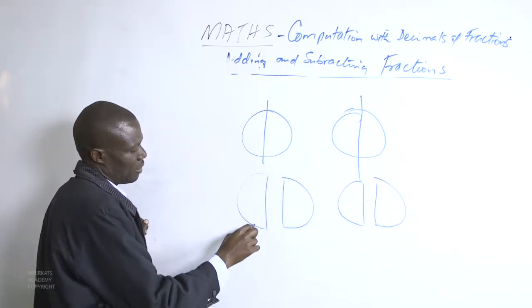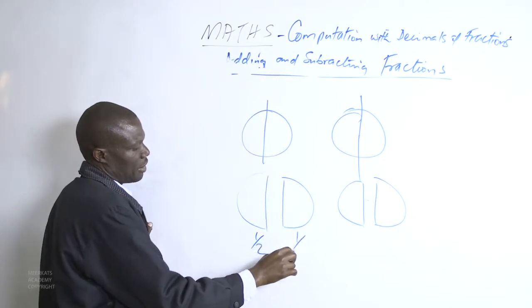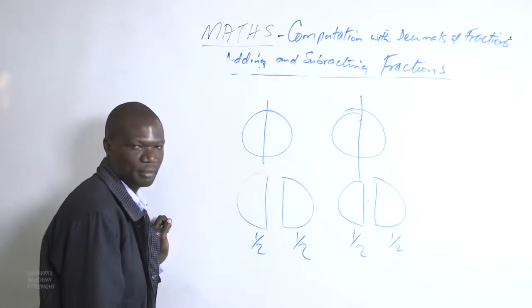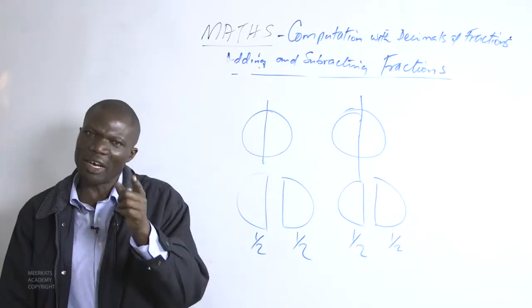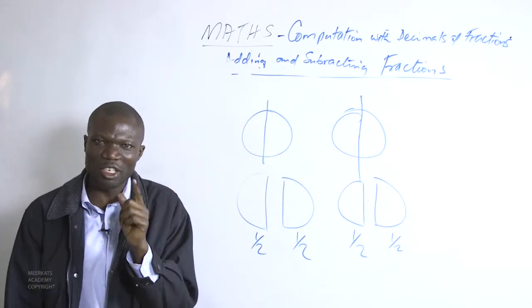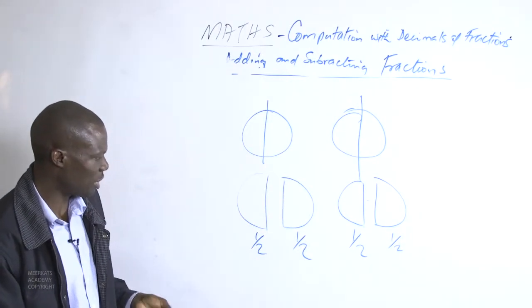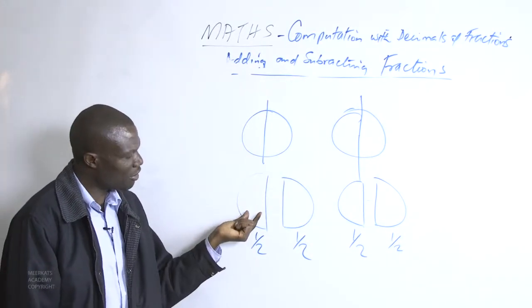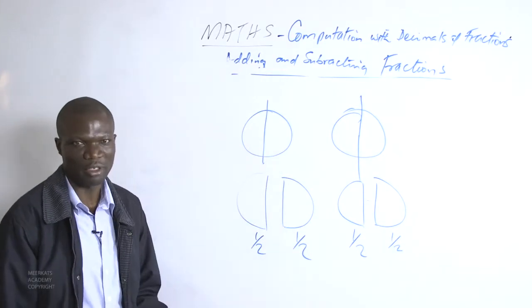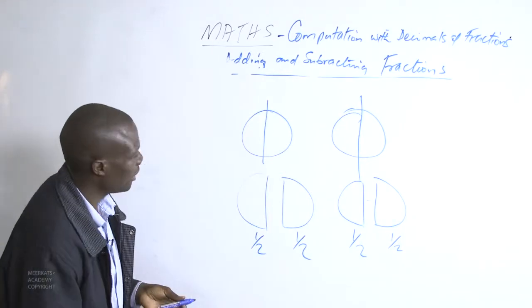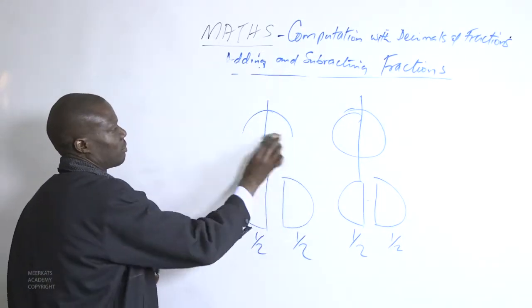So this one is a half, a half, a half, and a half. When we are adding two halves, it should give us a whole number, which is 1. How does it normally work? A half plus a half should give us a whole number. That is practical when you do it. Let us bring it in figures and see, does it really work?